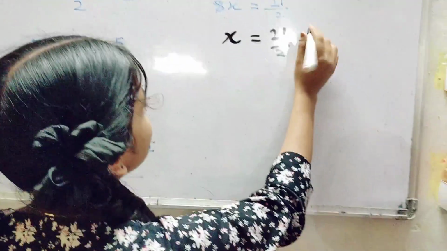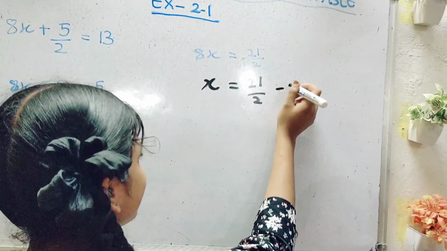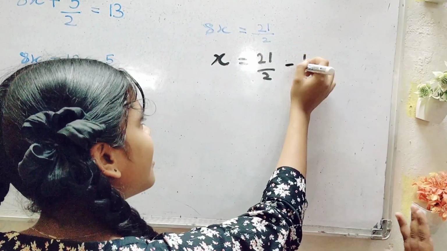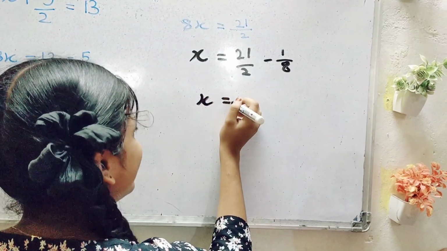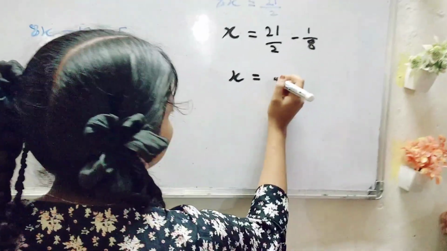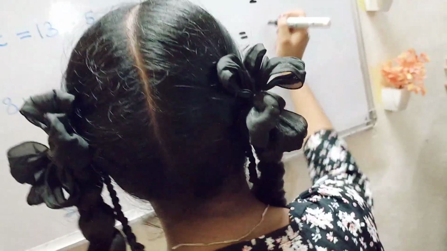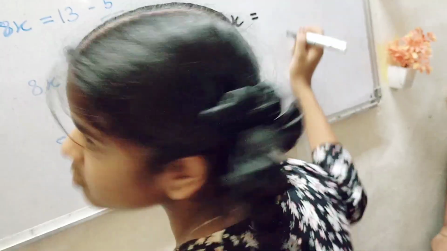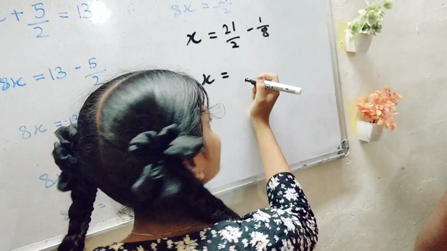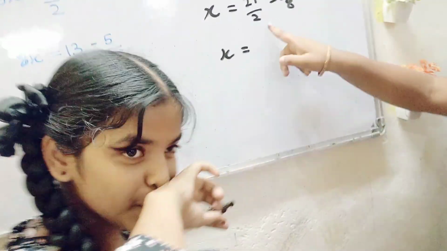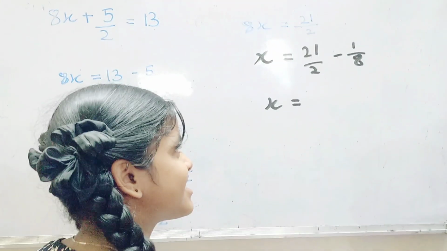Now, what you will do? 8, 1 by 8. Okay. Continue. Let her do. Yes. Correct only. Continue. Yes, do it.